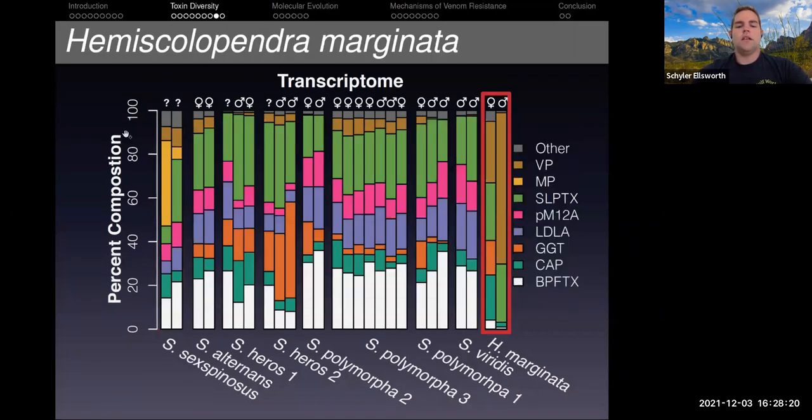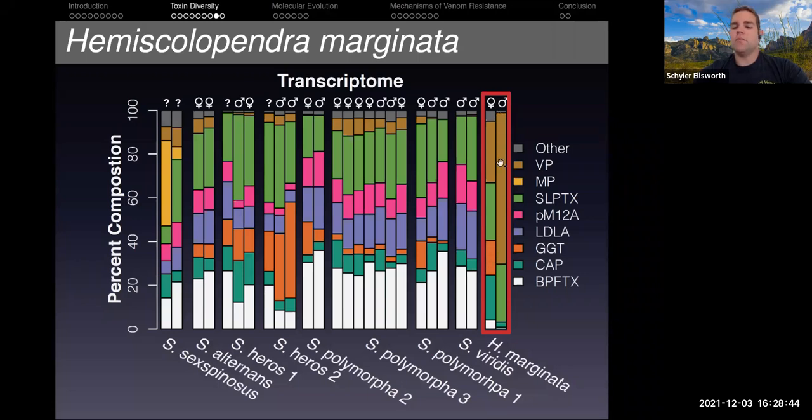But then as we look across this group, there's one other group that I wanted to highlight, which is this one here, where we actually have a male and female pair that show pretty dramatic differences in their venom components. We only have these 2 individuals for which we have the transcriptome and proteome, but we can see that one group has this orange bar here where the other group doesn't.